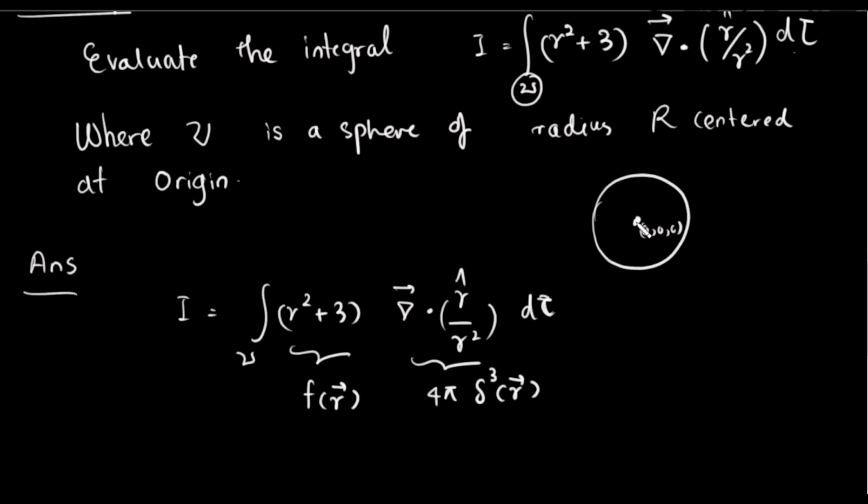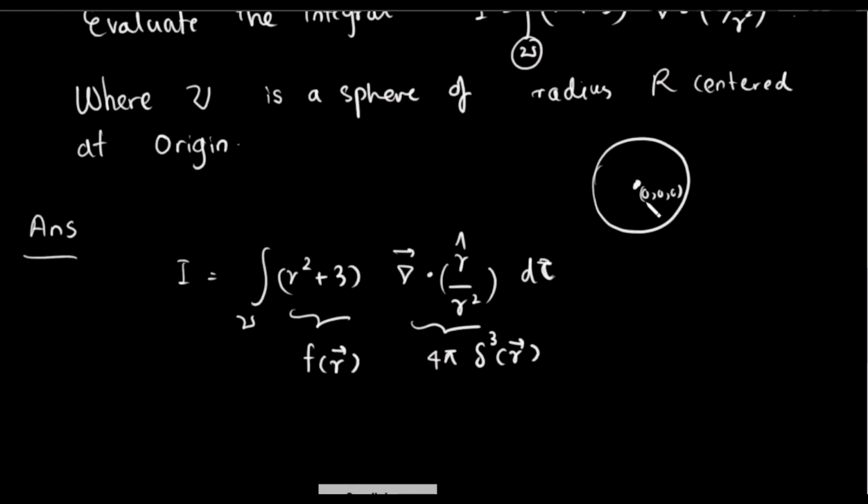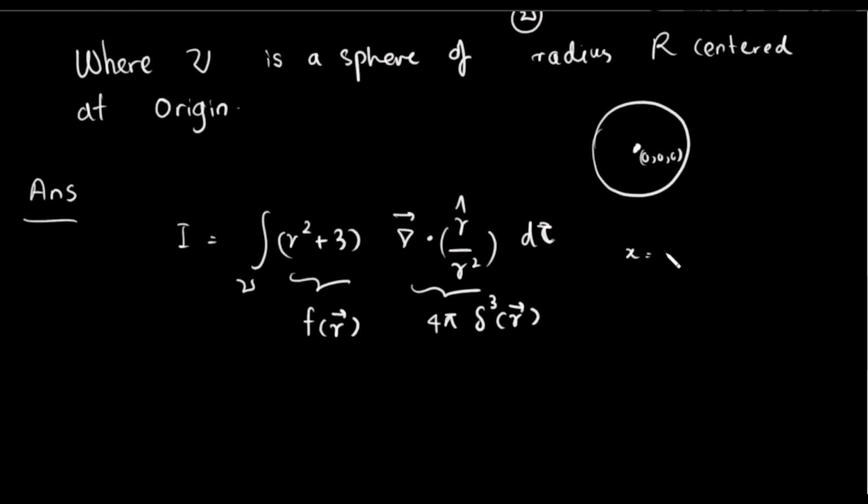So the spike of our delta function is going to have a value at the origin, that is, only when x equals 0, y equals 0, and z equals 0. Only when this happens do we have a value for the delta function.